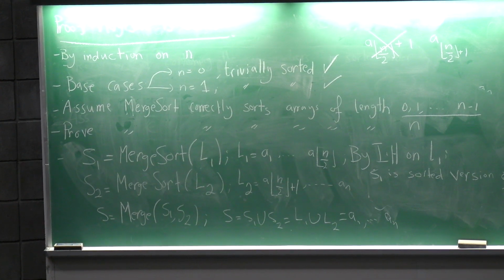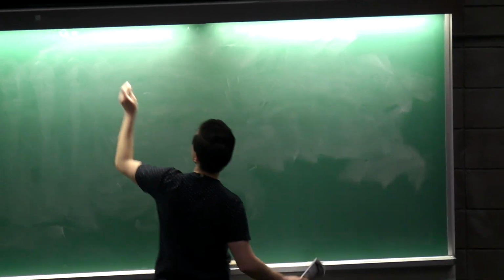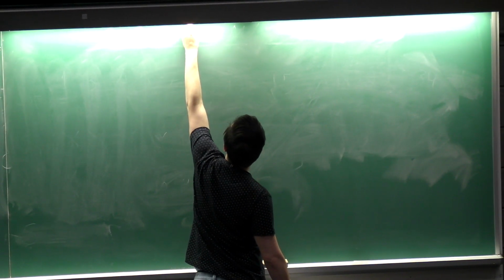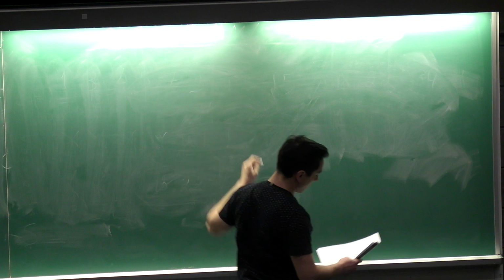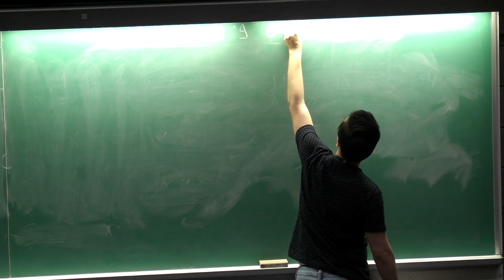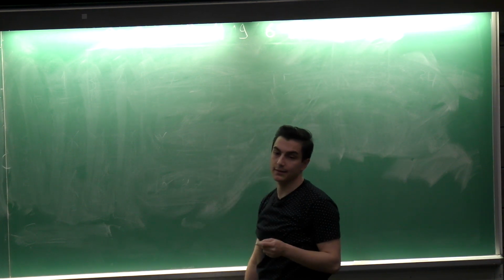Okay, so the list is going to be 7, 15, 2, 4, 9, 6, 8, 10. So this is our input list.